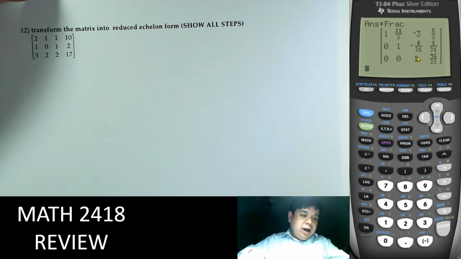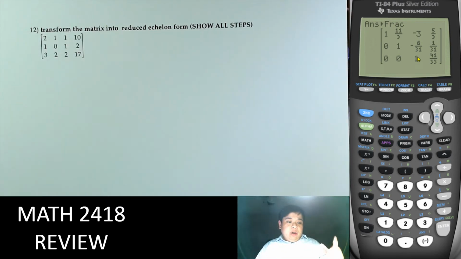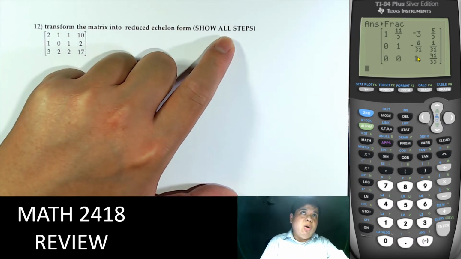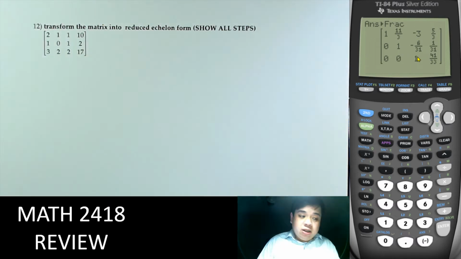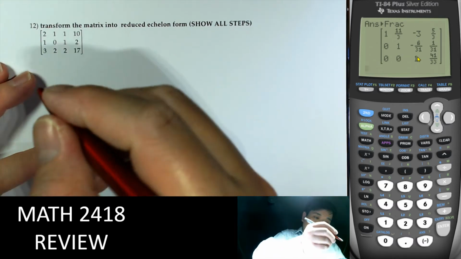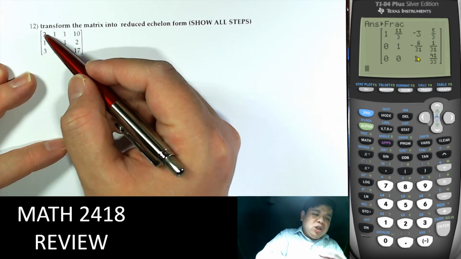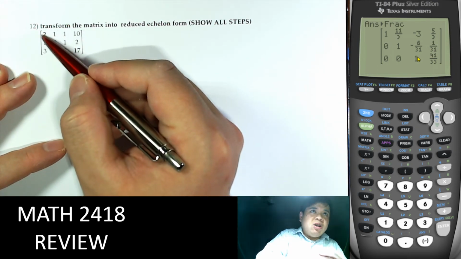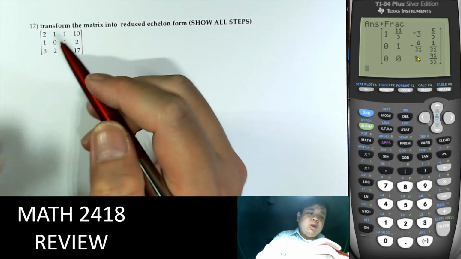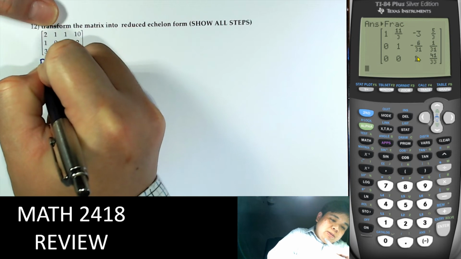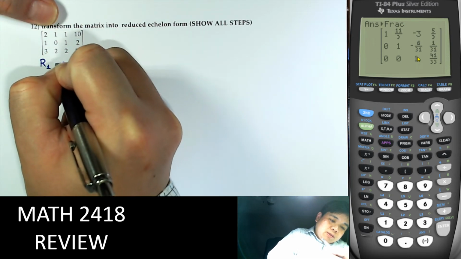Right. Next, we're going to turn this matrix into a reduced row echelon form. And on the test, when it says show all steps, that means you have to show your steps. Right. So the pivot 2 is good, but if we can get 1 on that would be much better. So I'm just going to swap row 1 and row 2.